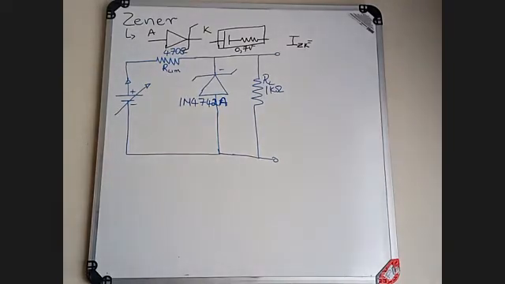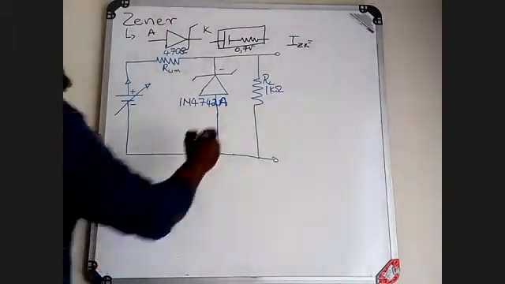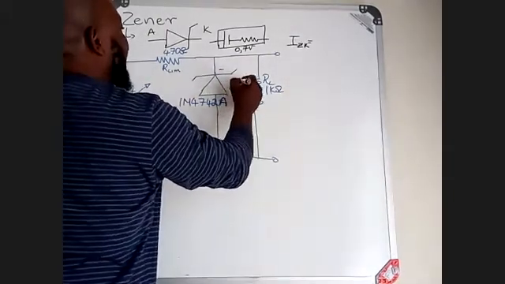Now, with the typical Zener voltage of these characteristics that I wrote on the board, which is your 1N4742A, the typical Zener voltage here says 12 volts.